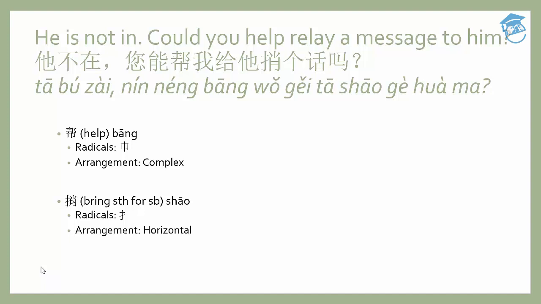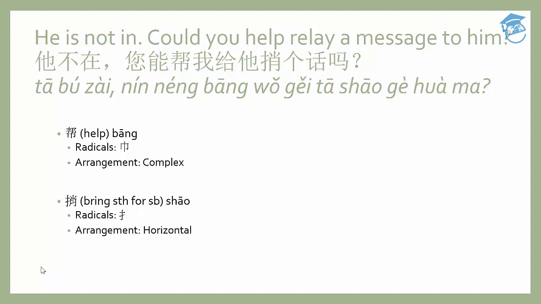It's like direct translation. 您能帮我? You can help me. Or if you want to say it in proper English, you can say, can you help me? Or in a more polite manner, you can also say, could you help me? Okay, it's just a matter of switching the words around and using a more polite word in English.